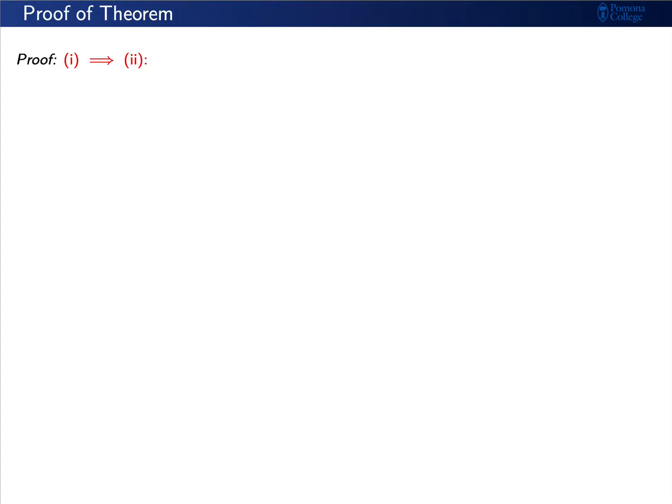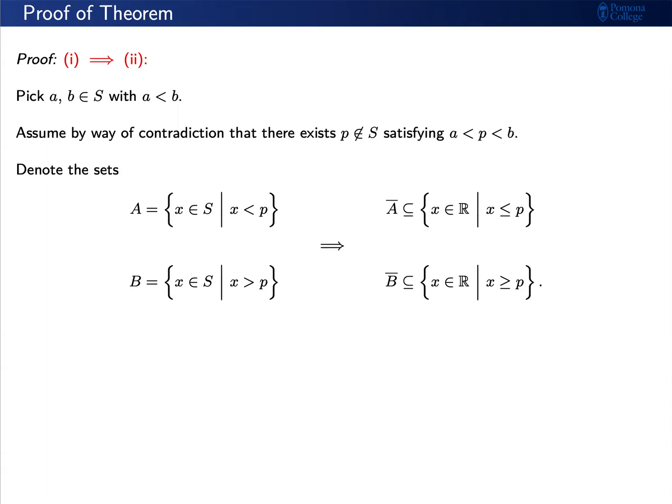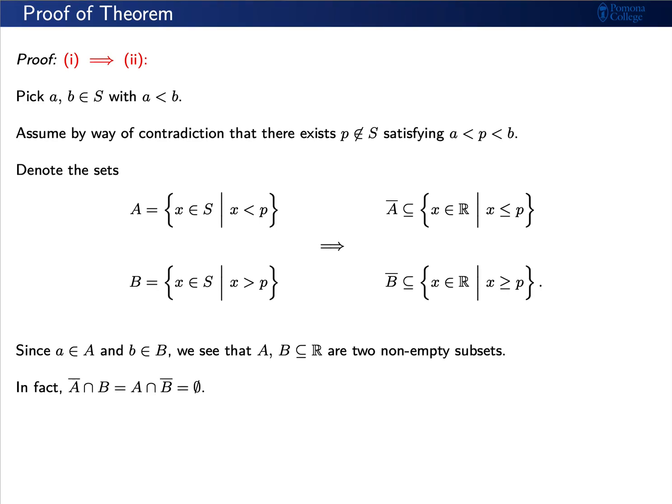Now let's go over the proof of the theorem. Let's pick two numbers, a and b, in S, where a is less than b. We're going to prove by contradiction that there must exist a P in S where P is between a and b. So let's assume that there is a P between a and b that is not in S. Similar to what we did with the Cantor sets, let's denote capital A as the set of elements in S to the left of P, and let's denote capital B as the set of elements in S to the right of P. Then we can see that A bar intersect B is the empty set, whereas A intersect B bar is the empty set.